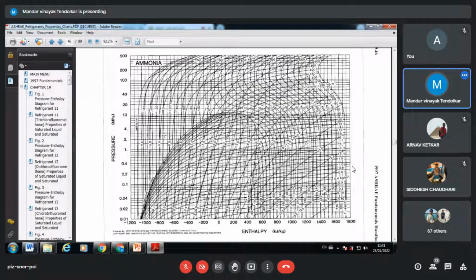Obviously there is deviation. So we always calculate these values, enthalpy or entropy, with reference to some particular standard state. If you recollect the Kelvin scale definition from thermodynamics, SY BTech mechanical, the reference point for the calculation was taken as the triple point of water, 273.16.